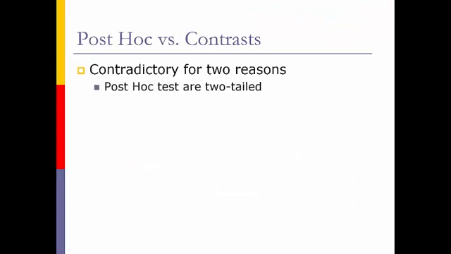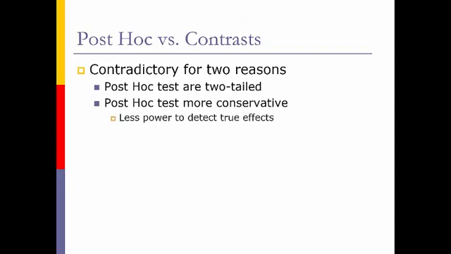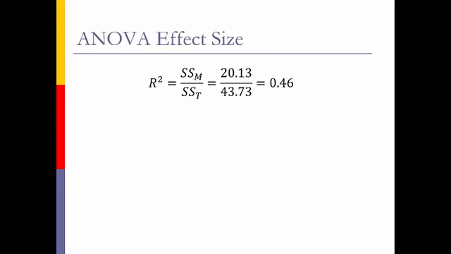Post hoc tests are all two-tailed, and the post hoc tests are more conservative, so there is less power to detect the true effects. So contrasts are better, but in order to make a one-tailed decision for the contrast, which is what you're going to have to do, you're going to need some type of previous prior information to be able to make that decision.